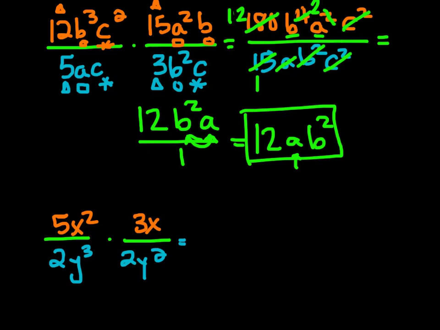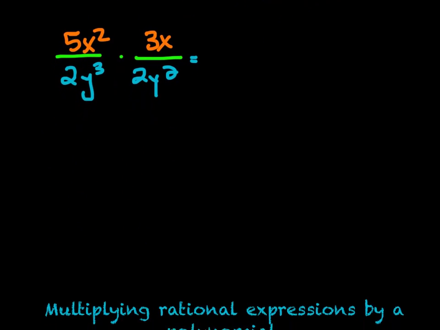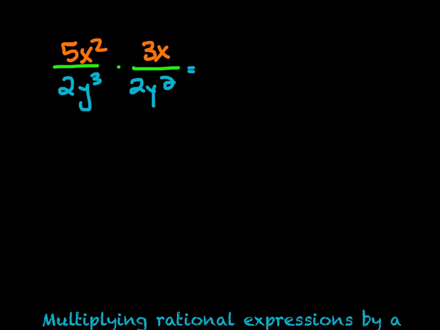Let's try another. We have 5x squared times 3x, thinking of it as a unit up top, over 2y to the third times 2y squared. So let's combine like terms. So we're multiplying like numbers or variables. We have 5 times 3, which is 15.